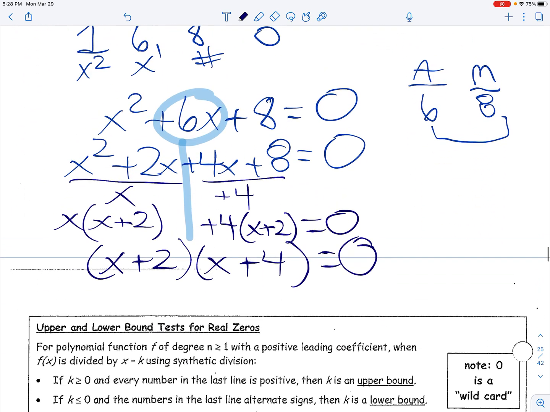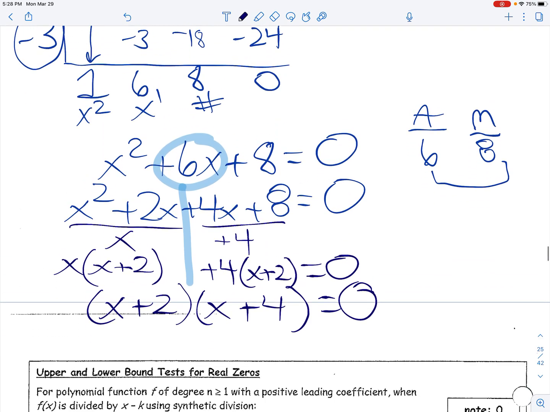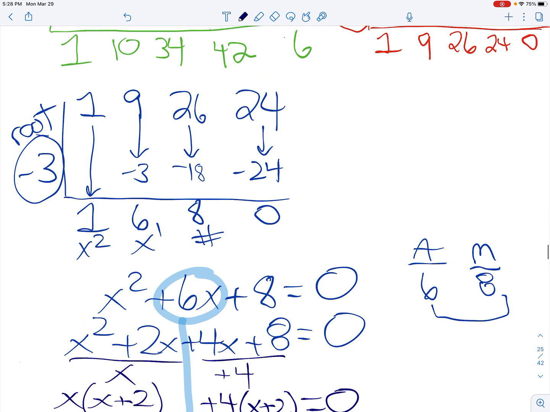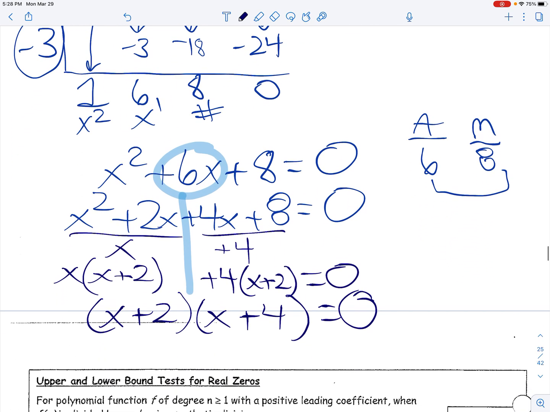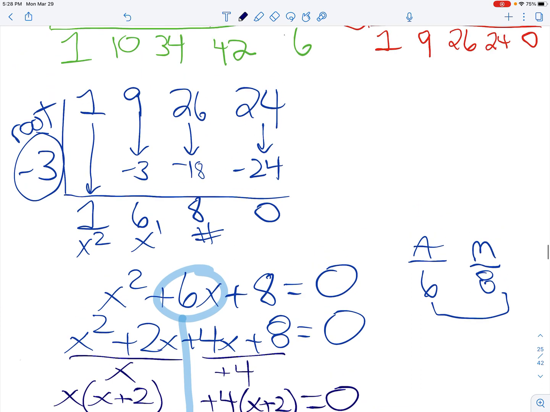What do I want to do here? I want to write the factorization now, right? Since I got x plus 2 and x plus 4. Just trying to figure out where to put this. All right, so the factorization I want to do over here.